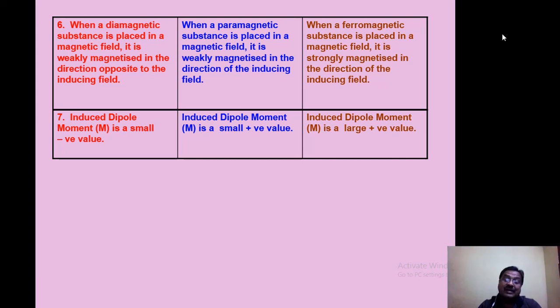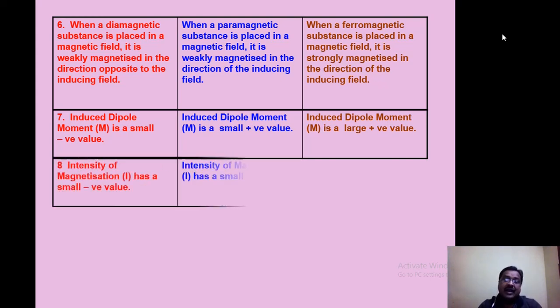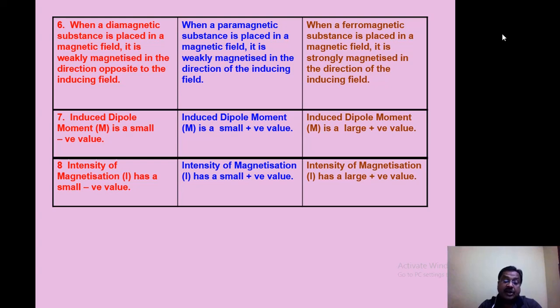Next distinguishing property between these three types of substances: the induced magnetic moment M is a negative value and very small for diamagnetic substance, small but positive in case of paramagnetic, and positive but large for ferromagnetic. Then intensity of magnetization for diamagnetic substance is small and negative, whereas it is small and positive for paramagnetic substance, and large but positive for ferromagnetic substance.